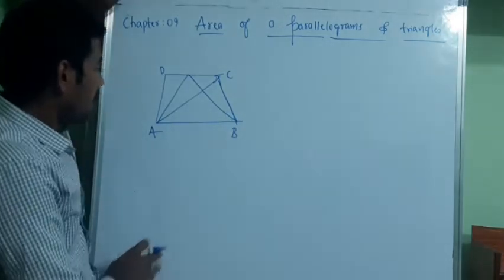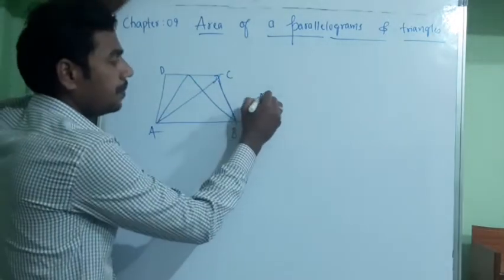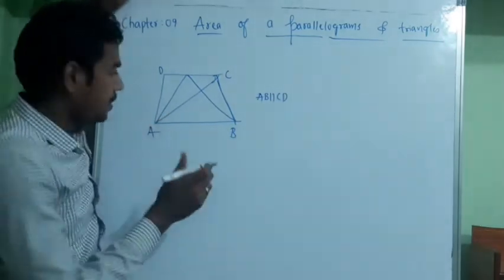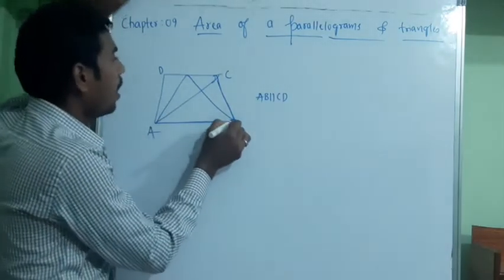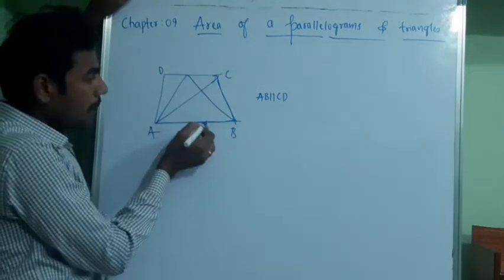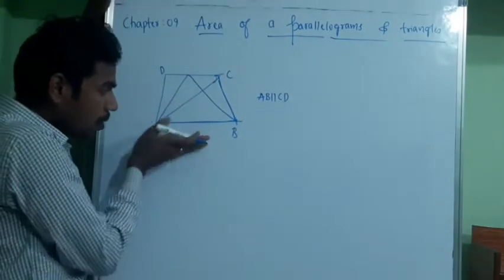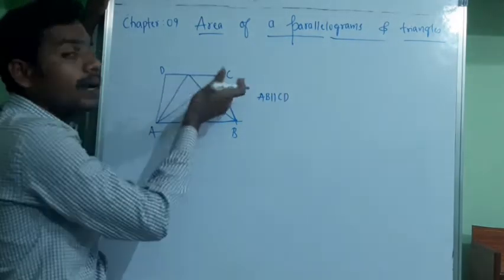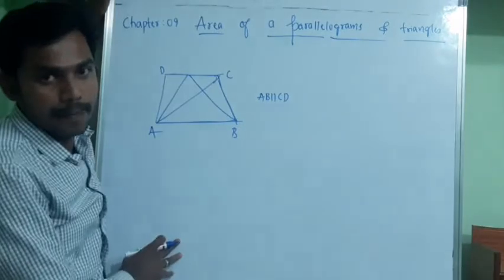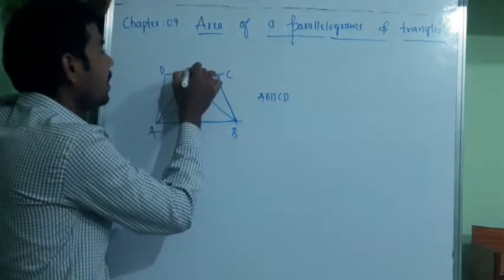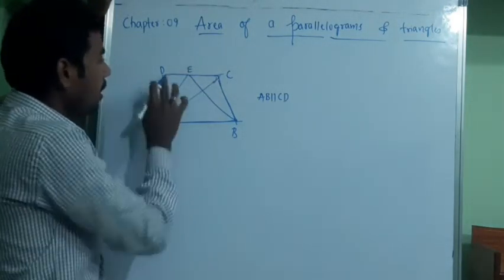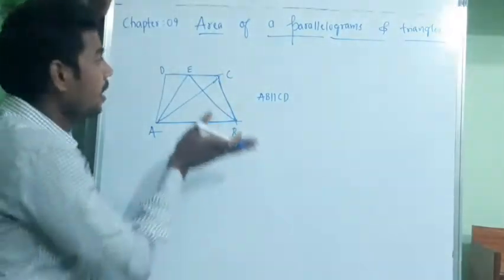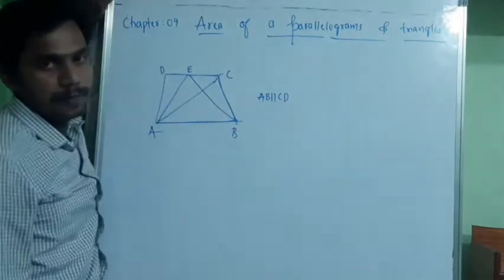AB is parallel to CD, and there is only one base. There should be one base, and all the vertices opposite to this particular base should lie on the same line, and that line should be parallel to the base. Suppose I call it E, D, E, C are lying on the same line, they are collinear, and that line is parallel to the base.